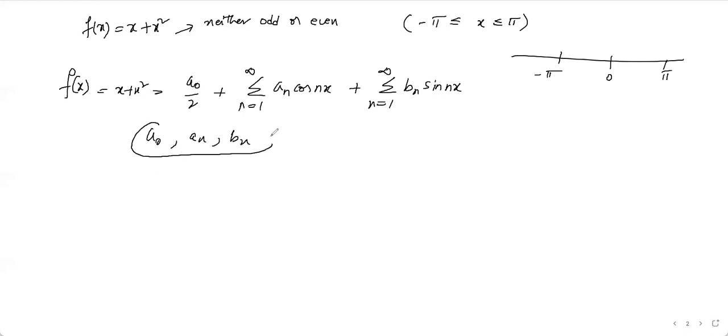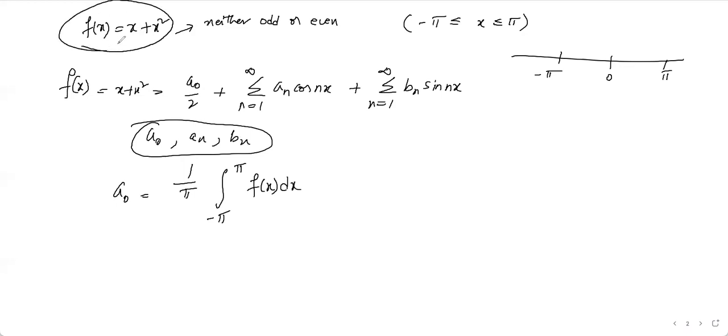Now a naught is 1 by pi integral minus pi to pi f of x dx. Now this f of x is x plus x squared, so that will be 1 by pi integral minus pi to pi x plus x squared dx.